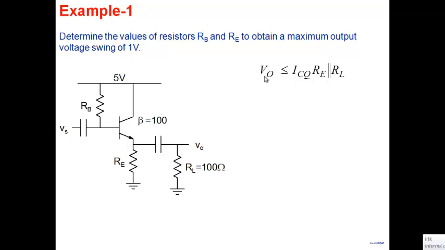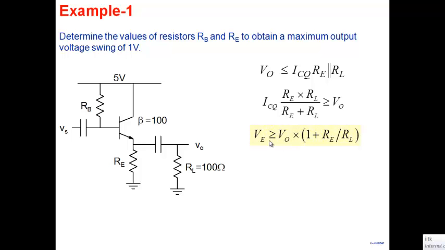If you want a swing of 1 volt, then that 1 volt must be less than or equal to ICQ times (RE parallel RL). So that's one limitation here. Now I'm going to transform this by saying ICQ RE RL divided by (RE plus RL) must be greater than or equal to V0. ICQ times RE is the emitter voltage here.